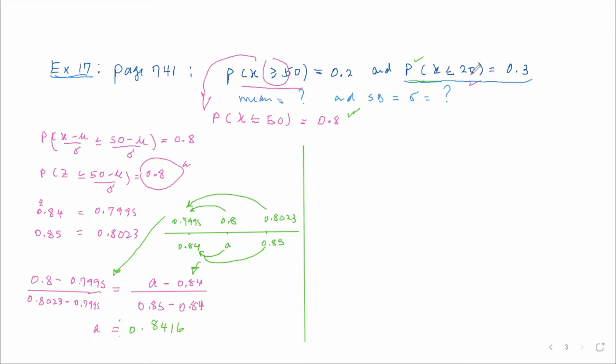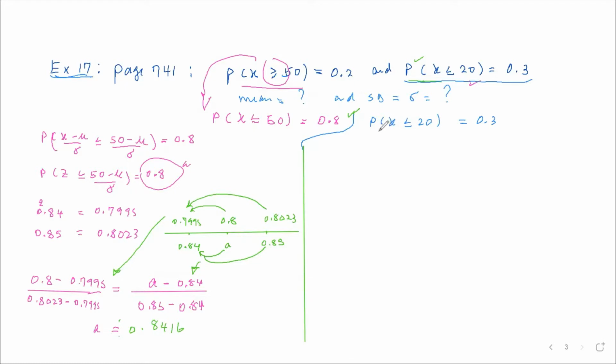So do exactly the same on this side. Can I skip, and then you do it? And you can compare with your handout. Now we work on this one: P(X less than 20) equal to 0.3.